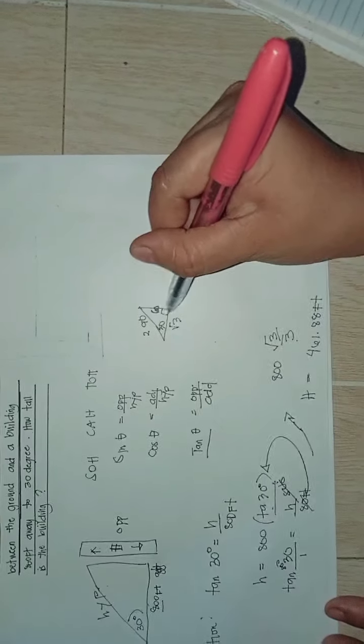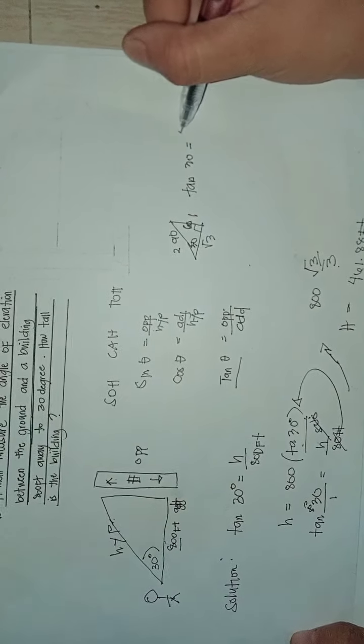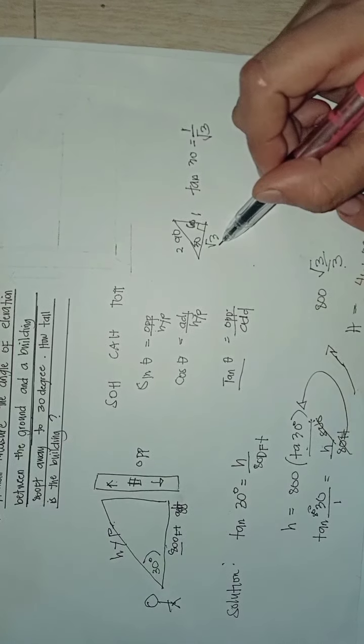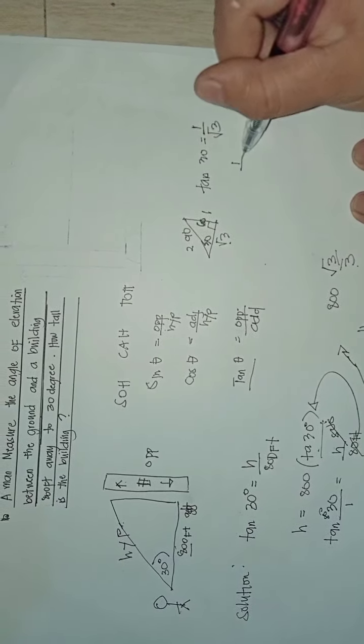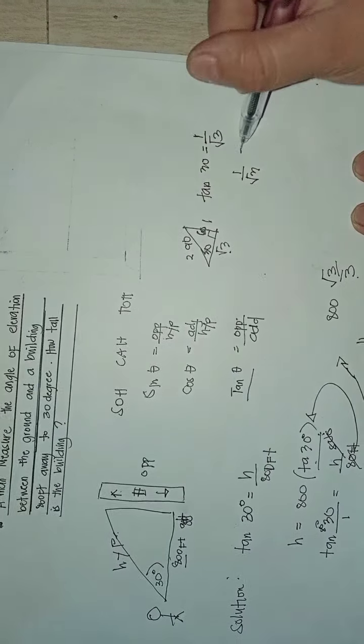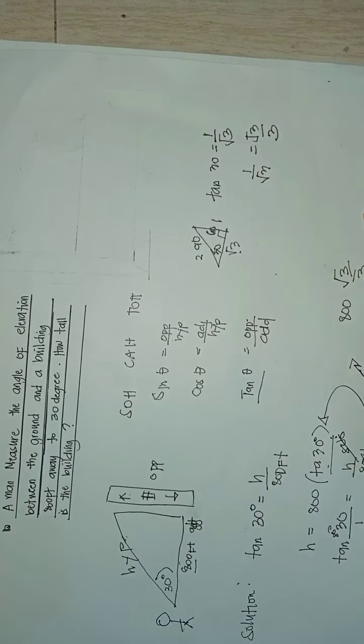So tangent 30 is equal to 1 over square root of 3, which is the same as square root of 3 over 3 because we need to rationalize the denominator.